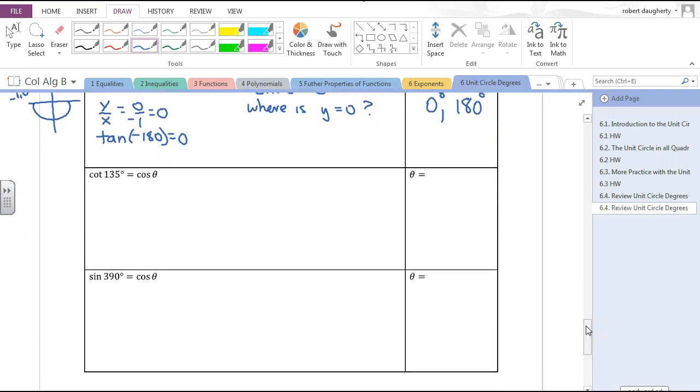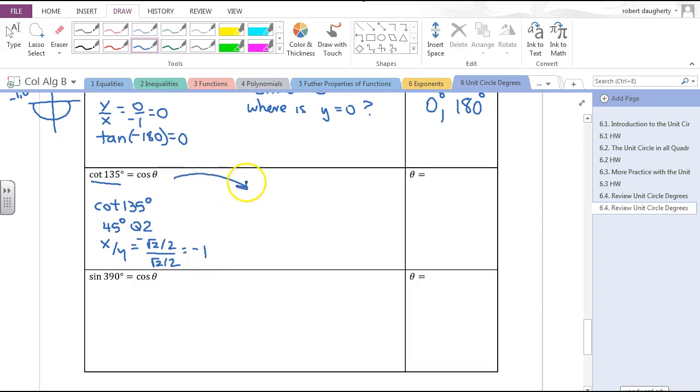Cotangent of 135 equals cosine theta. First thing to evaluate, what's the cotangent of 135 degrees? That is a 45-degree angle in quadrant 2. The definition of cotangent is x over y. So that's going to be square root of 2 over 2 divided by square root of 2 over 2. In quadrant 2, cotangent is negative, so this is just negative 1. So I evaluated half of this equation.